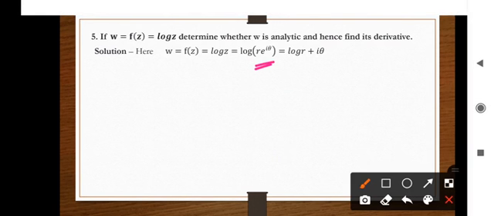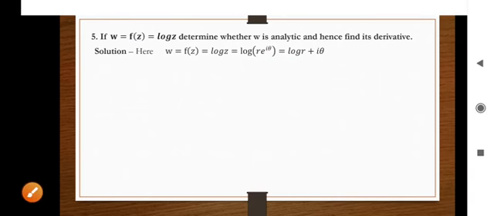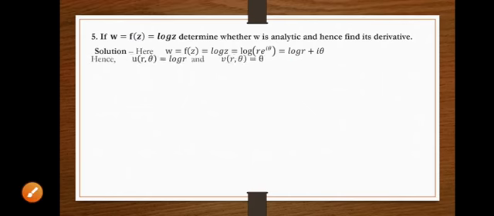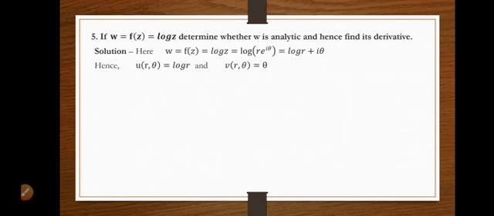So applying laws of logarithm, we can simplify this function as log r plus i theta. So u equal to log r and v equal to theta are the real and imaginary parts of this function w. Now we have to find the 4 partial derivatives with respect to r and theta.